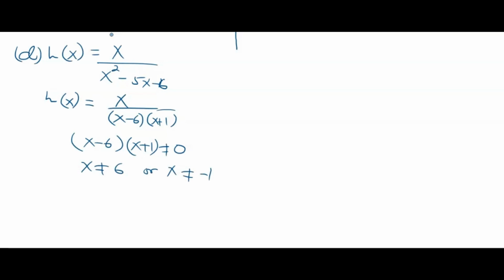So my implied domain, or the maximal domain, is all real values except 6 and negative 1.